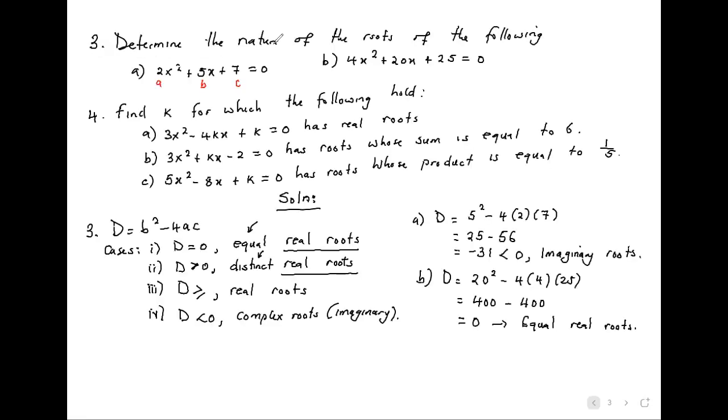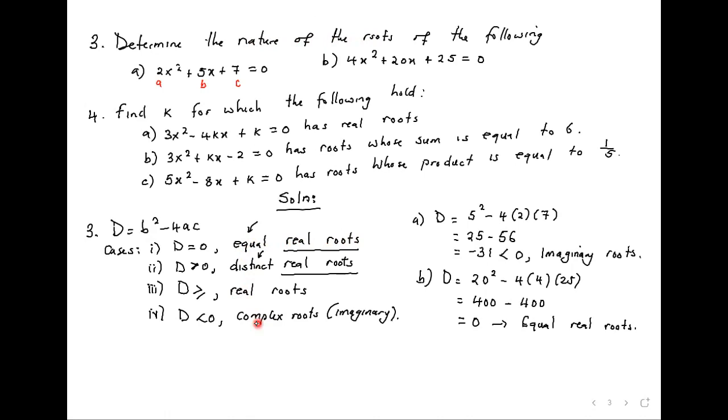We are talking of it having real roots. Is that the solution for question 3? Yes, we just wanted to mention the nature. Will they be real? Will they be complex? Will they be equal real or something like that? Using these conclusions.